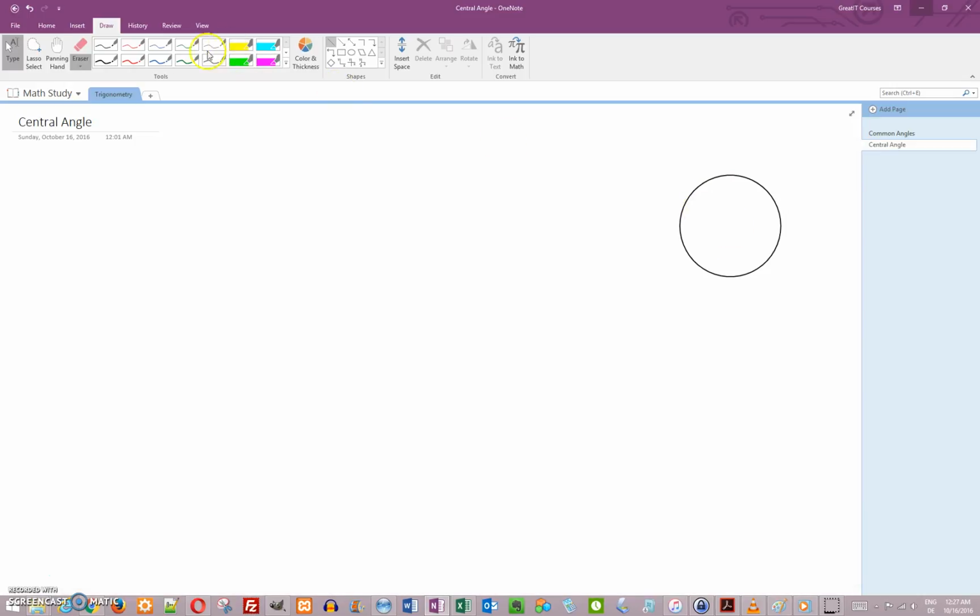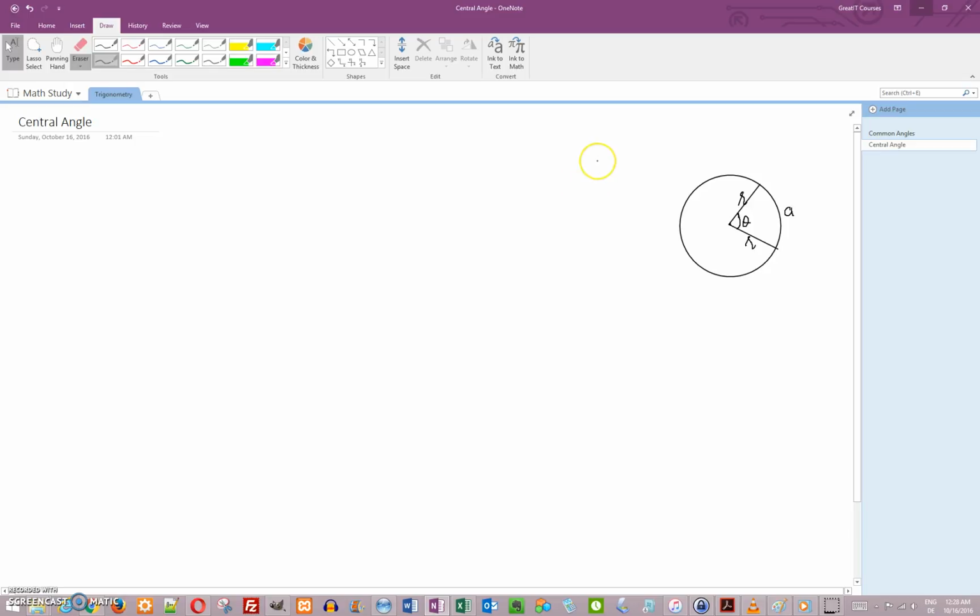Let's say this is the center of the circle, and we have an angle like this inside it. I'm going to call this theta, and this is the radius of the circle. The length of the arc subtended by the angle theta, I'll call it A.